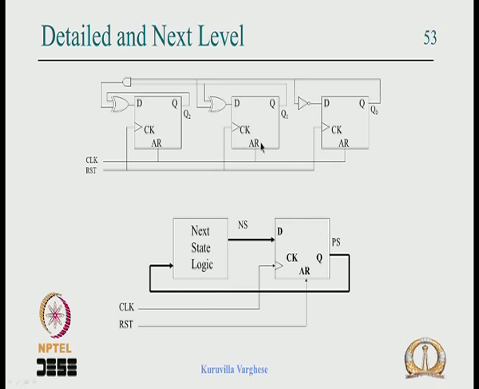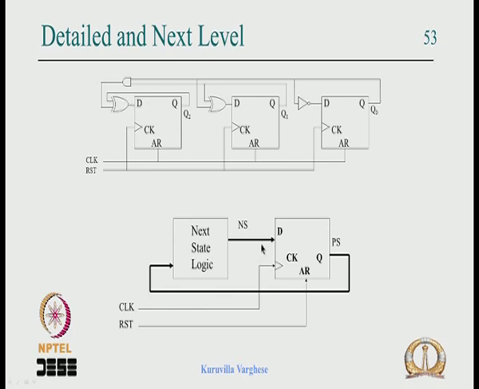In the case of a binary counter, you know that D2 only depends on Q2, Q1, Q0, and D1 only depends on Q1 and Q0, it does not depend on Q2. But if you take a counter which counts not very sequentially, all this can change. Maybe D0 can depend on Q2 also.